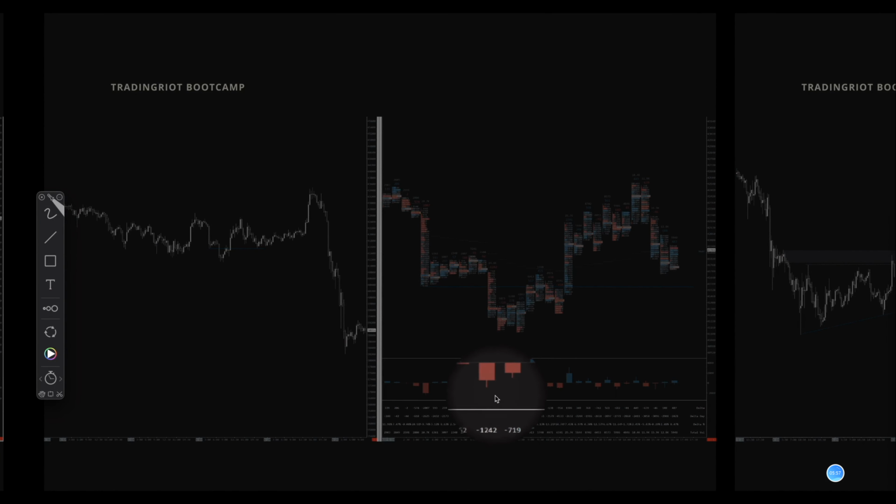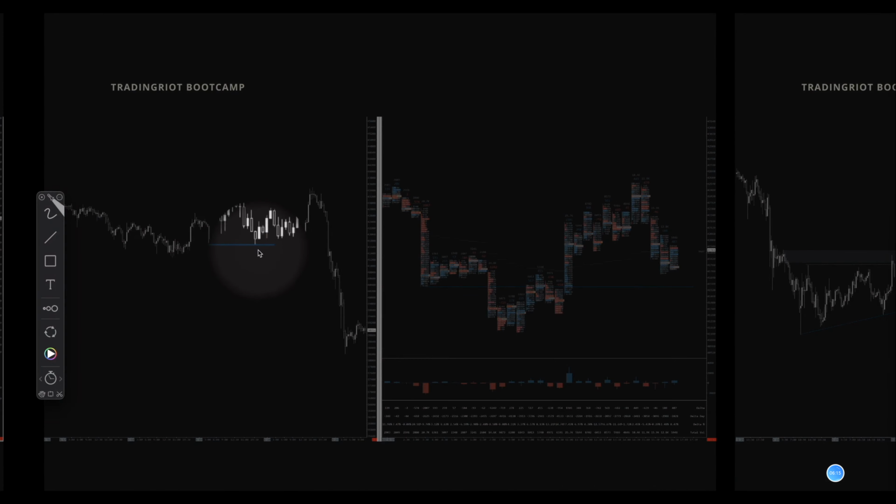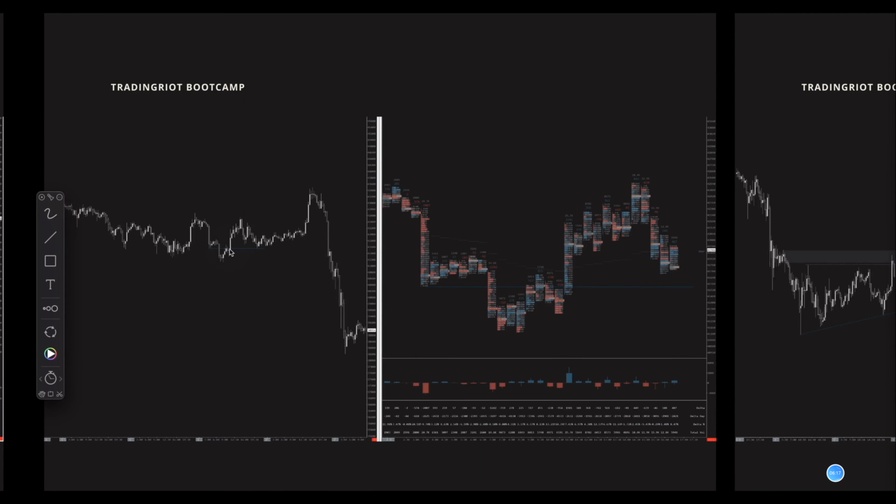You have minus 1200 delta, minus 719 delta. Look at where the aggressive selling is happening. It's happening below the level, yet market just breaks back into the level, and your QM pattern is basically formed.